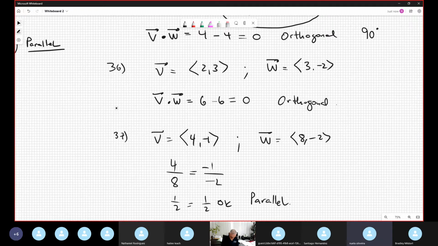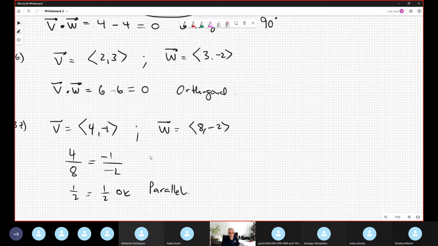Professor, if we do it the other way and we try to multiply, we're going to have a different result. So it means that it's not orthogonal. We can do both ways. Well, but not orthogonal, however, how do you prove that it's parallel? Another way, look, let me show you. Suppose you do the dot product.